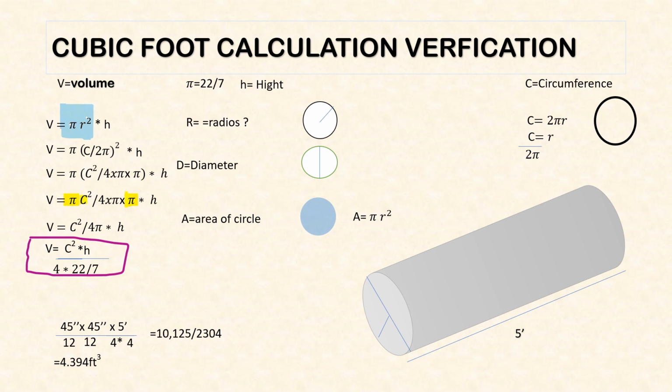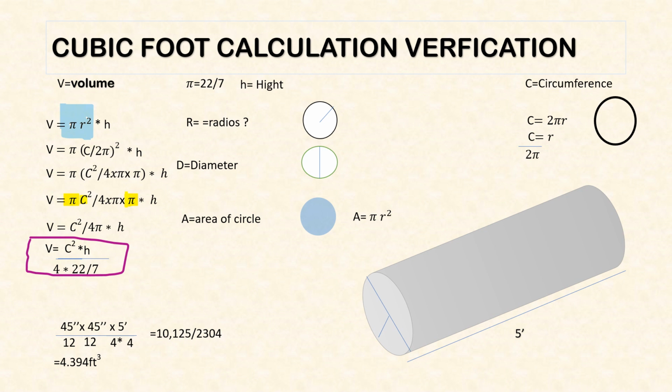So again we have to write 45 inch and into 5 feet. The height is 5 feet. So divided by 12 into 12 into 4. So 4 represents the lower part of the formula, and again another 4.